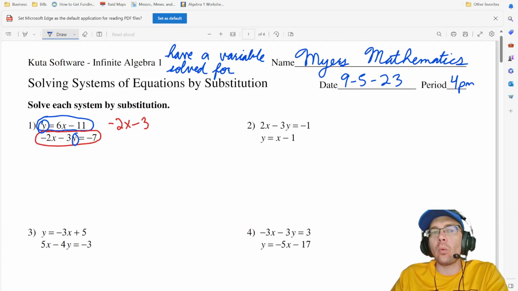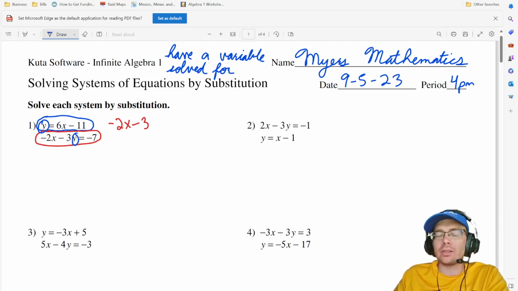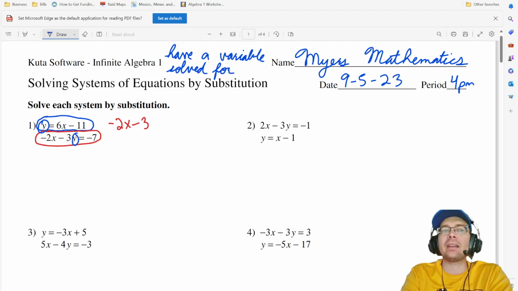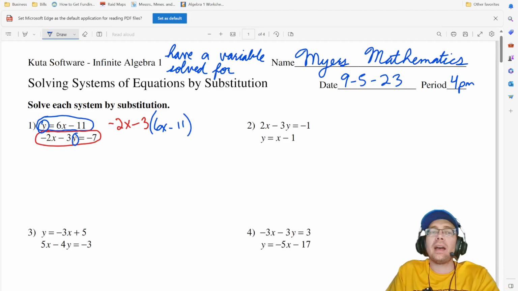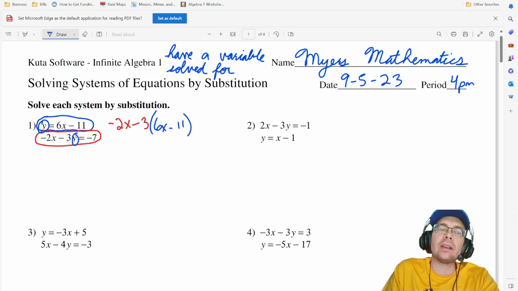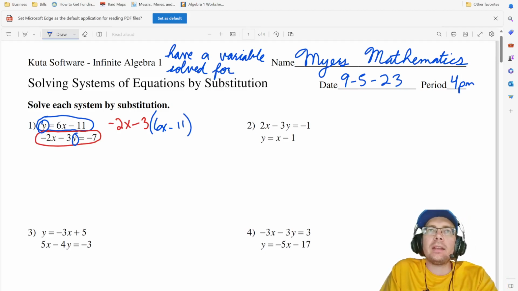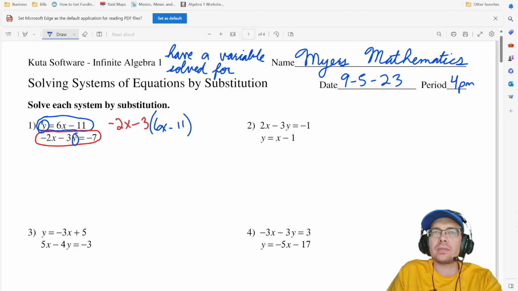So the y that's right after the 3 in the red equation is the same exact thing as the y that's in the first equation. And I know that y is equal to 6x minus 11. It's just like when they say a is 2 and b is 3 and c is 4, and then you plug in the numbers and then you simplify.